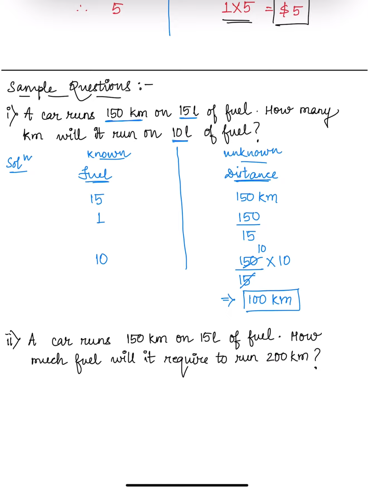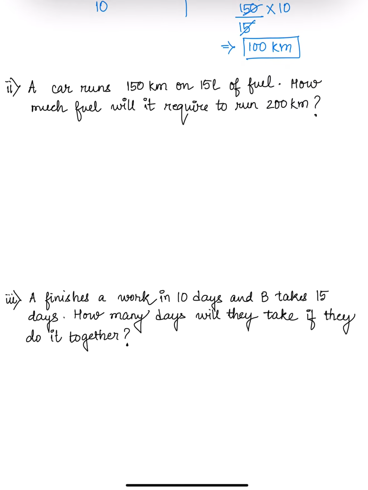Now moving on to the next question. A car is running the same thing. It is running 150 kilometers on 15 liters, but here we know the kilometers and we need to find the fuel. So the known and the unknown change. Here the known becomes the distance and the unknown becomes the fuel.